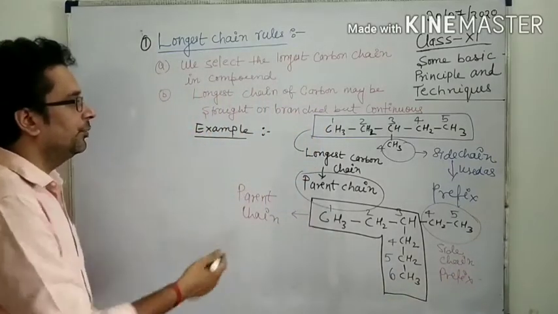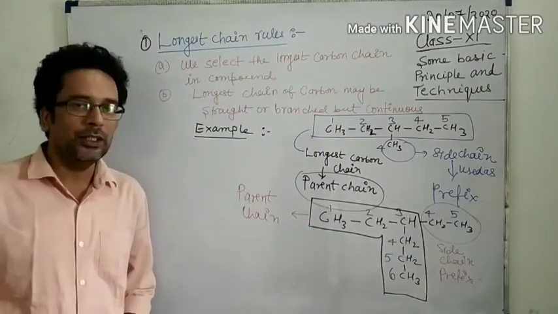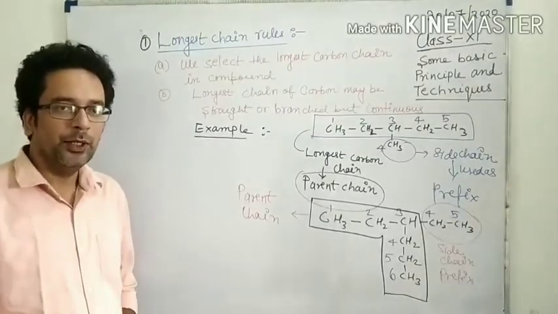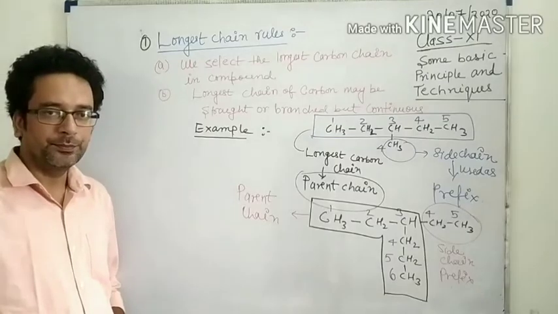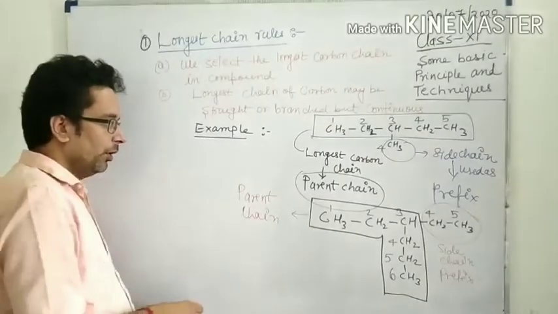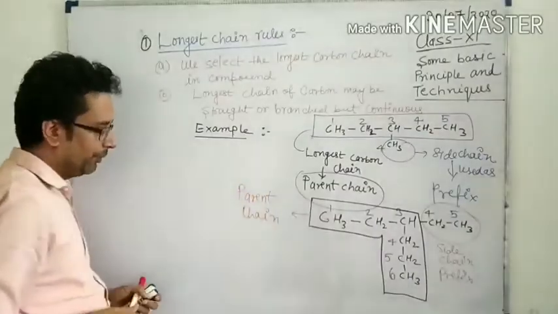Okay, so in this way we can select the longest carbon chain. Longest carbon chain means maximum number of carbon. So this is the first rule.